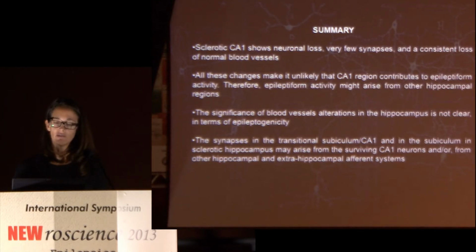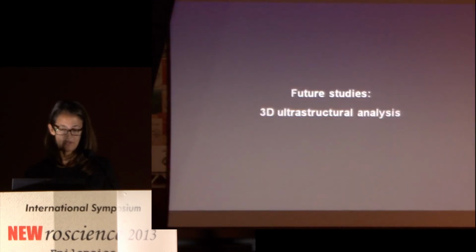The significance of blood vessel alterations in the hippocampus is not clear in terms of epileptogenicity. Also, the synapses in the transitional subiculum-CA1 region and in the subiculum in the sclerotic hippocampus may arise from the surviving CA1 neurons and/or from other hippocampal and extrahippocampal afferent systems.